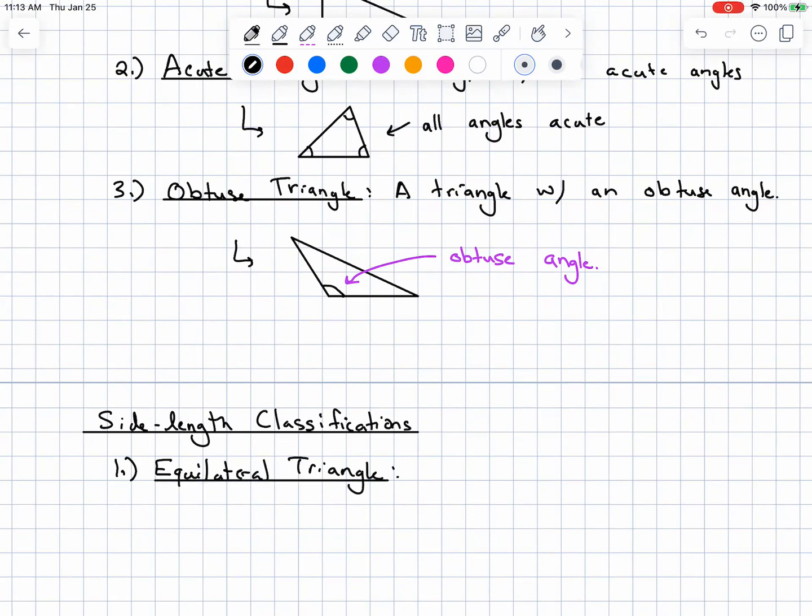The equilateral triangle, as the name might suggest with the term equal, means that all the side lengths are the same. An equilateral triangle is a triangle with all side lengths of equal length.